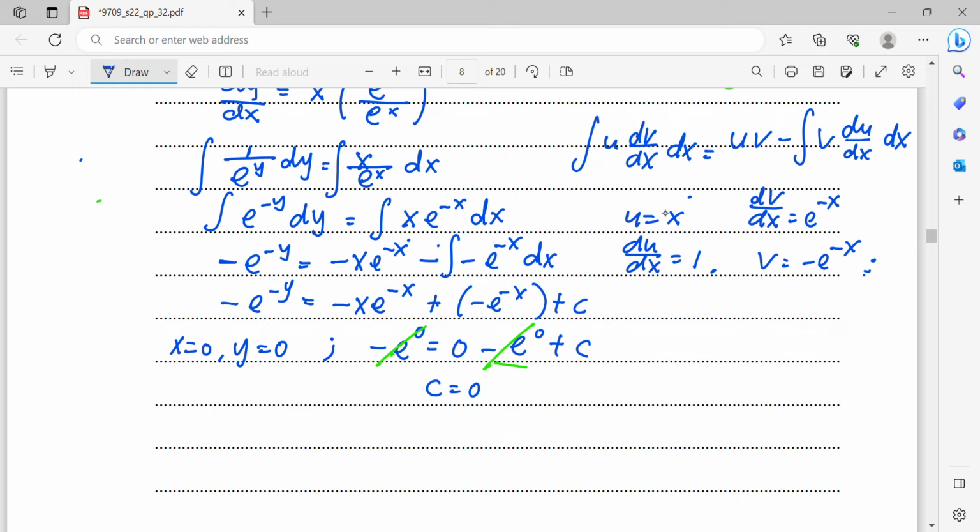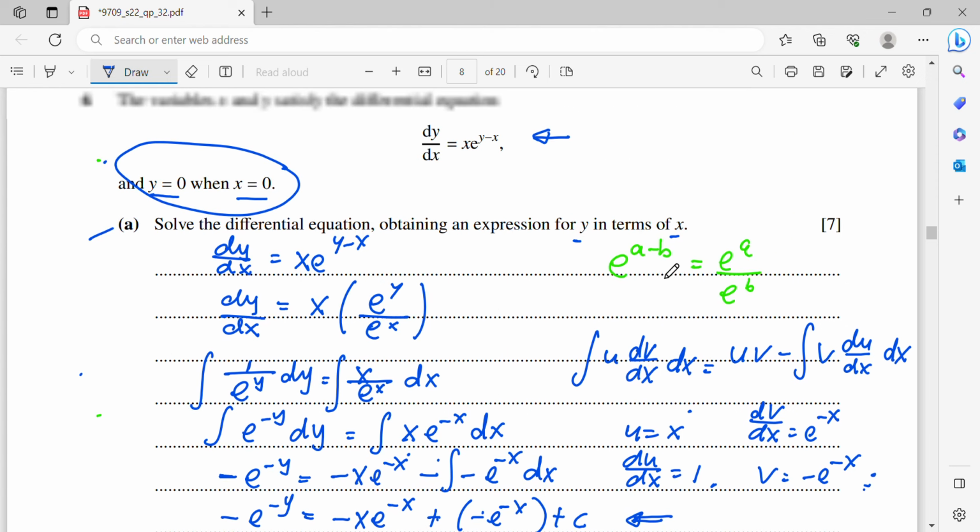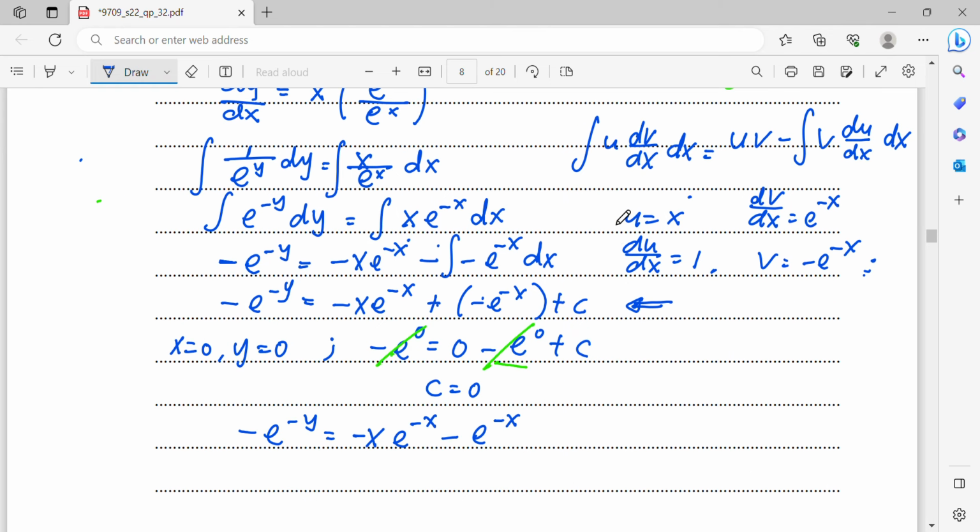Once you get c equals 0, substitute back into this solution. I will get minus e^(-y) equals minus x e^(-x), plus and minus is minus e^(-x). Referring to the question, we need to get y in terms of x, which means we need to eliminate the e.